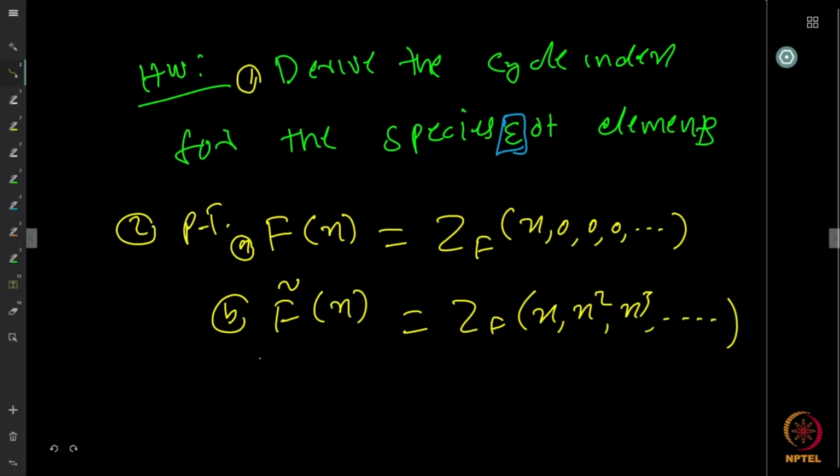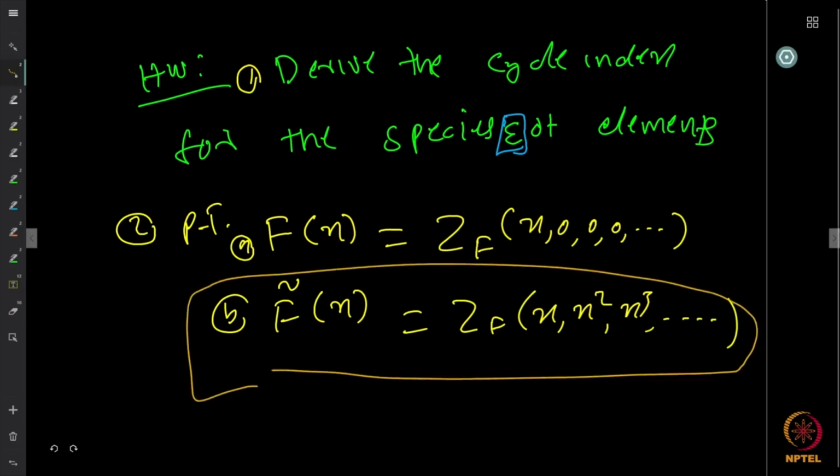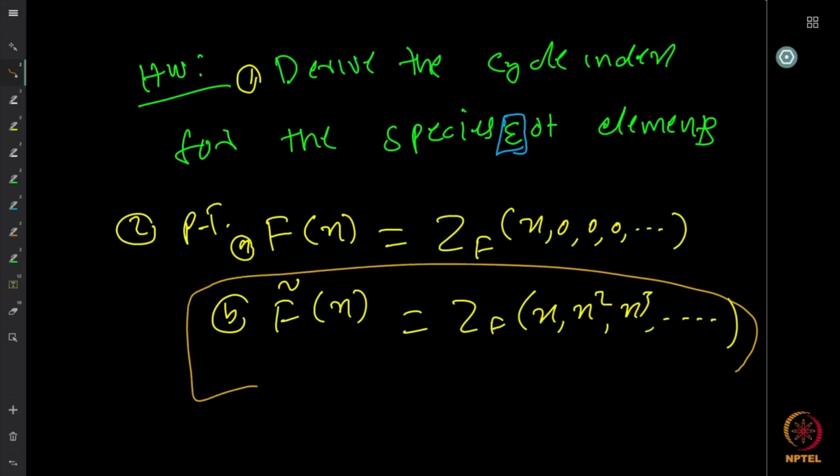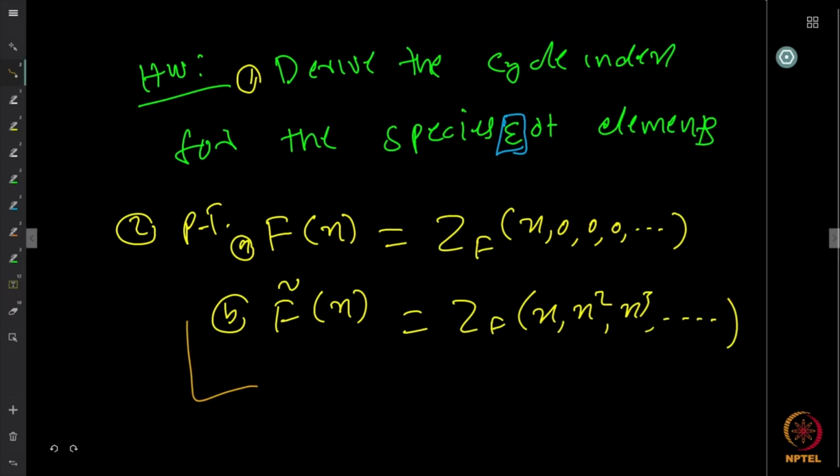In fact, to compute the type generating function for most species, you need to go through finding the ZF and then do this. It's not immediately clear how to count the type generating function without the help of the cycle index.